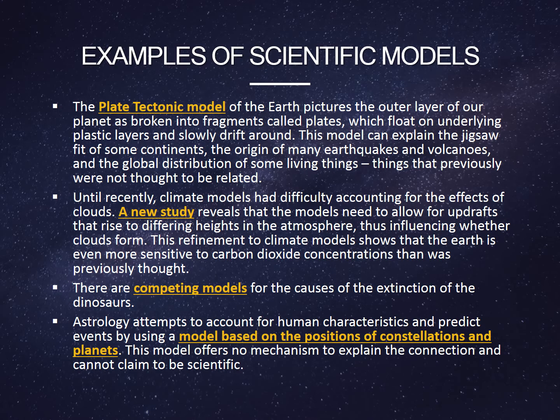Here are some examples of scientific models. The plate tectonic model of the Earth pictures the outer layer of our planet as broken into fragments called plates, which float on underlying plastic layers and slowly drift around. This model can explain the jigsaw fit of some continents, the origin of many earthquakes and volcanoes, and the global distribution of some living things, things that previously were not thought to be related.